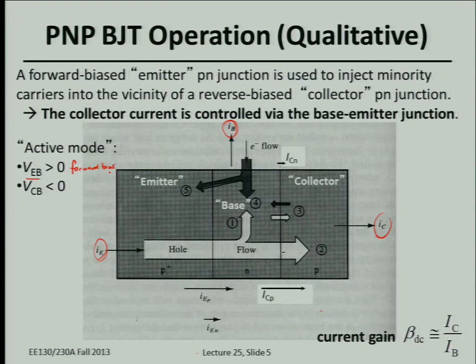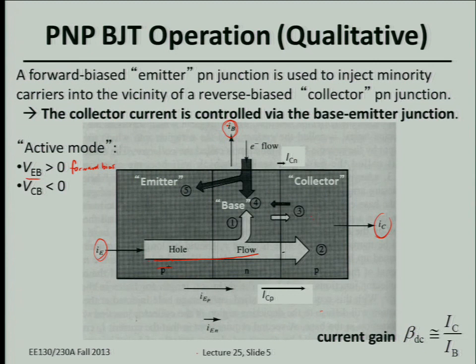That way, this hole current will be larger than the electron current, and ideally, all of this hole current is collected to become the collector current, and so that's how you can get significant collector current for a relatively small input base current.